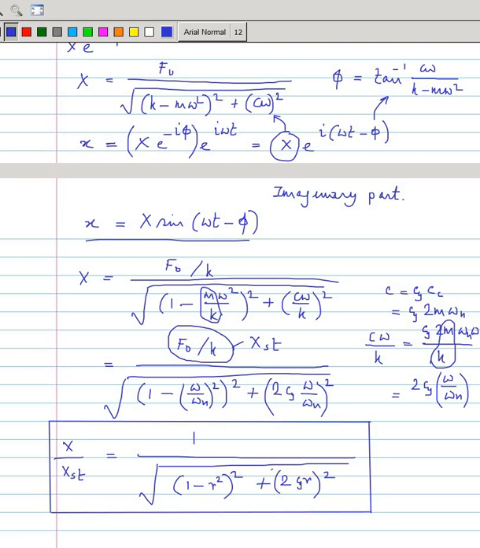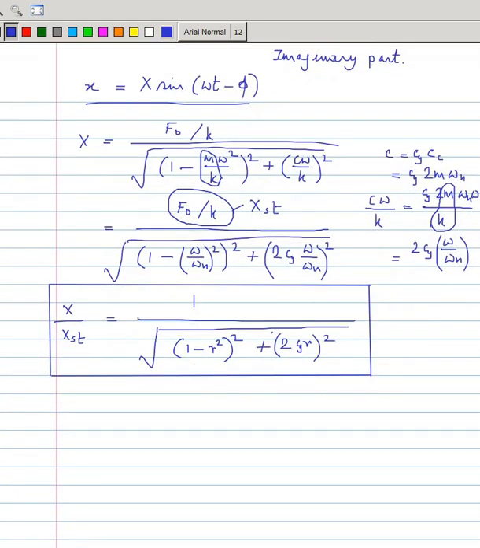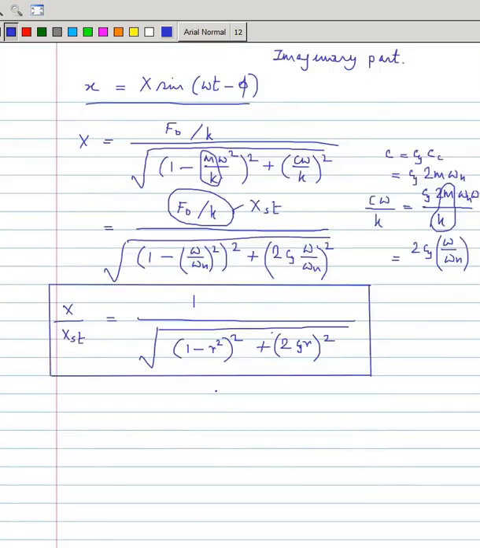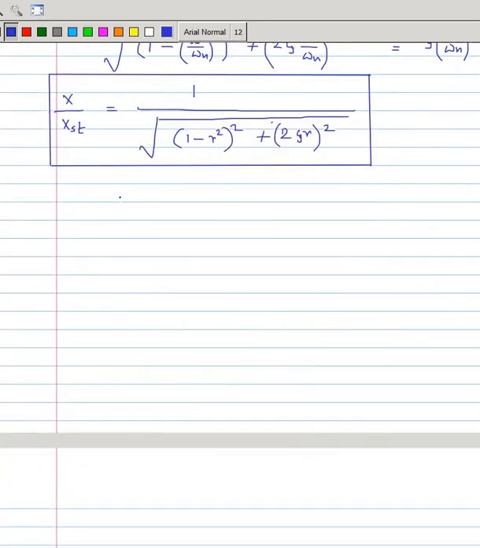Okay, and another thing is, what about this angle? So this phi is tan inverse of this, or tan phi for the phase, and for the phase we know that tan phi is equal to c omega by k minus m omega square.